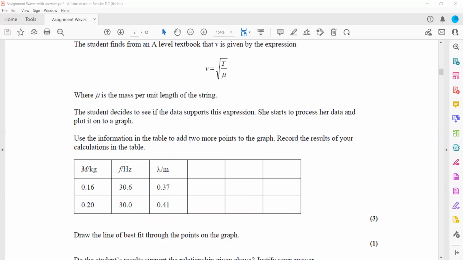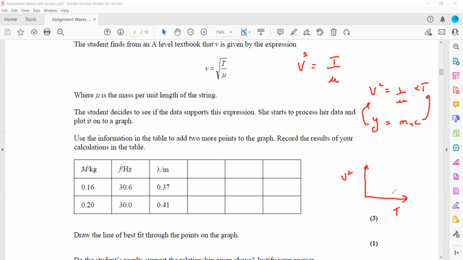As you can see, in this expression mu is also a mass per unit length, which is a constant. So if v is equal to the square root of T divided by mu, if I square this, I can say v squared is equal to T divided by mu, or v squared is equal to 1 over mu into T. So if I plot a graph, y is equal to mx, on the y-axis if I plot v squared, and on the x-axis if I plot T, what will be the gradient?